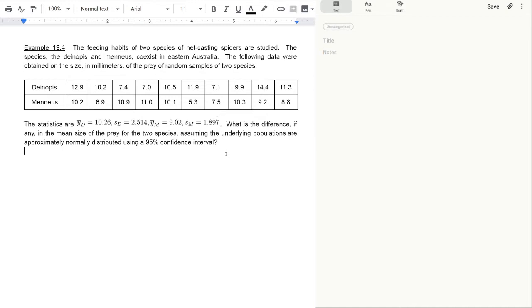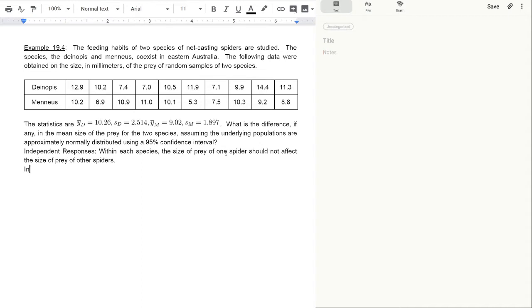Okay, so the first thing we'll look at is the assumptions and conditions. So we have independent responses. We're looking at the sizes of prey from both species. Within each species, the size of prey of one spider should not affect the size of prey of other spiders, so they are independent of one another.